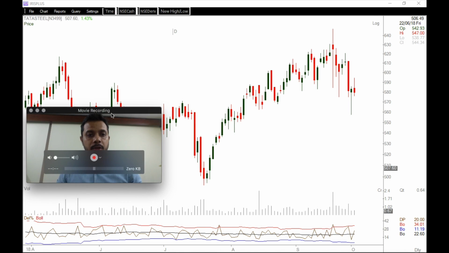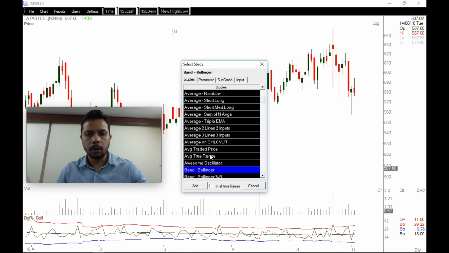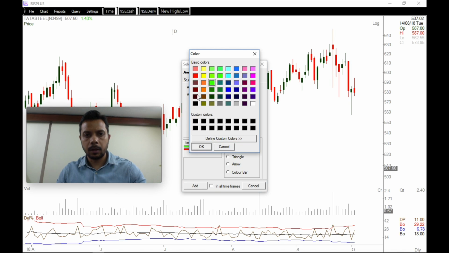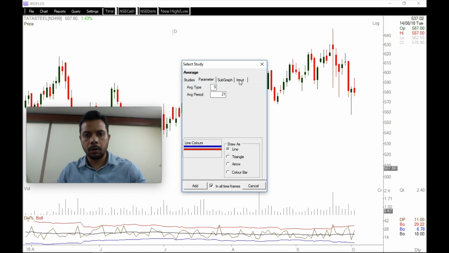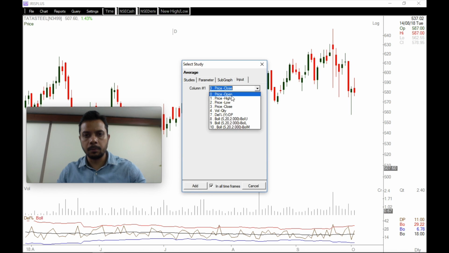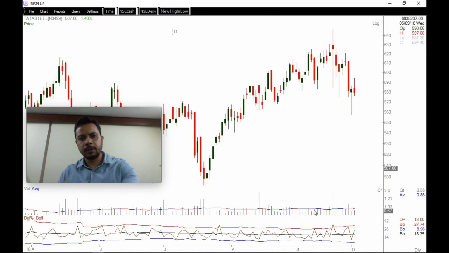By exceptionally high, we can quickly plot an average. Let's put a simple 21-day average, and you can plot it on the volume. Take the input as the volume. So what we have done is we have plotted a 20 period monthly average on the volume.